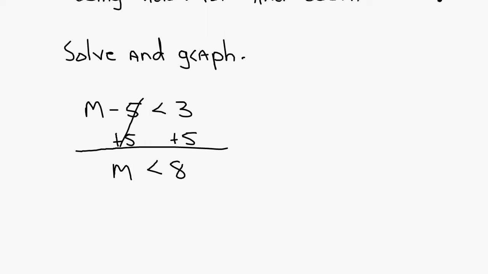The second step is going to be to graph this. So you draw a number line. You put 0 on the number line and the number 8, or the solution, on the number line. Now, since this symbol is just less than, it is an open circle. And now, if the variable is on the left, you shade the direction that the inequality is pointing.